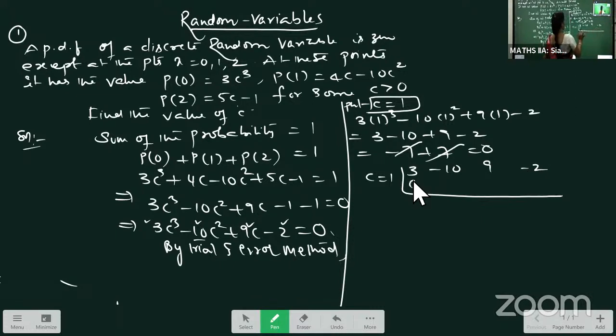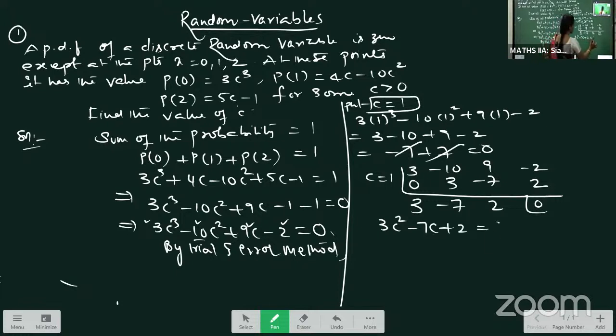First you keep the 0, you already know that. 3, 3 ones are 3. Minus 7, minus 7 into 1, minus 7. 2, 2 ones are 2. That is 0. Now we can write this as 3c square minus 7c plus 2 is equal to 0. Now factorize this one.